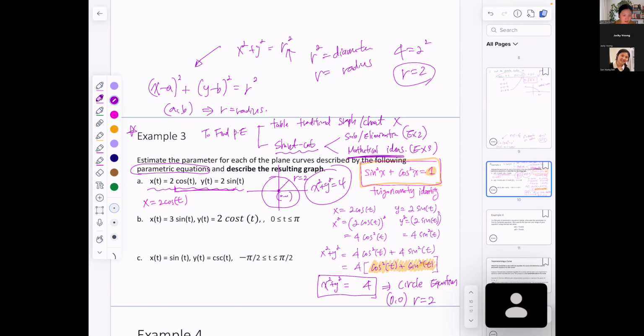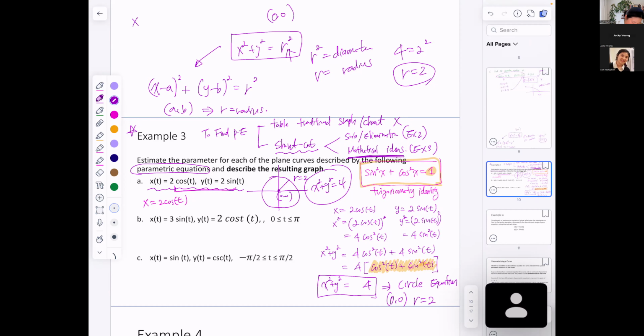Yeah. So if you forgot the circle equation, just take a look at your old notebook or Google search what the circle equation looks like. You will see a lot of forms. Basically, this is the original, where 0, 0 is the center. This is where (a, b) is the center.